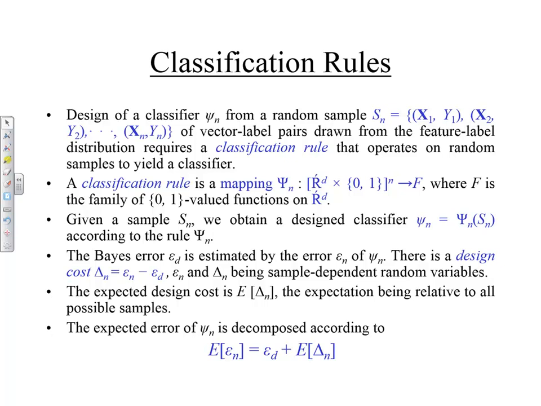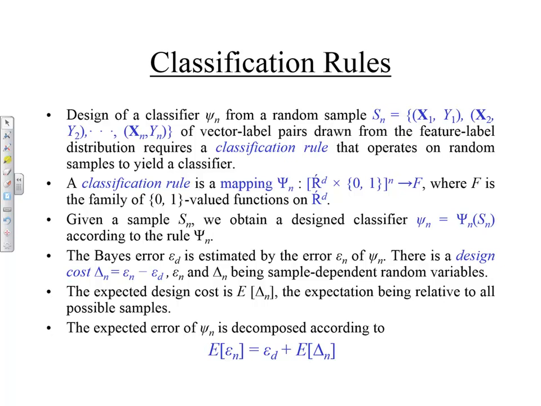Now the Bayes error, epsilon d, which is the minimum error, the error of the best classifier, is estimated by the error epsilon n of the classifier that you have designed based on the sample. So there is a design cost associated with this, which is epsilon n minus epsilon d, because epsilon d is the error of the best classifier. If you base it on some samples, your error will be larger.